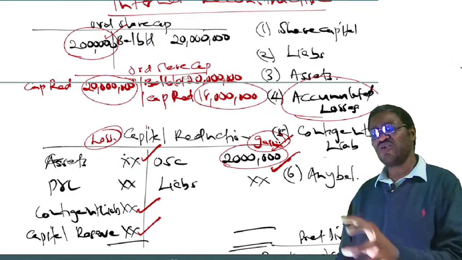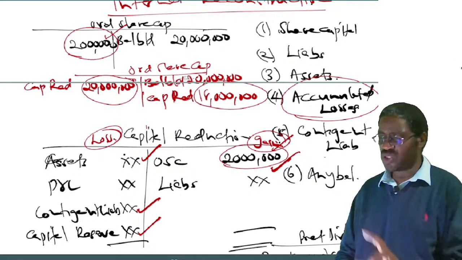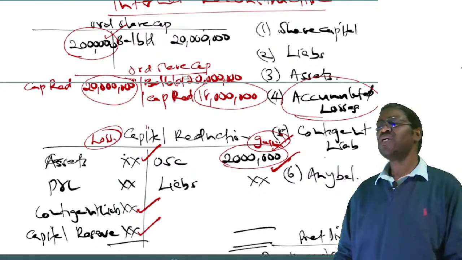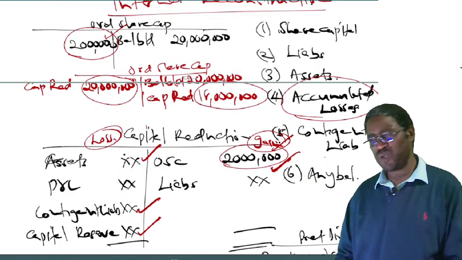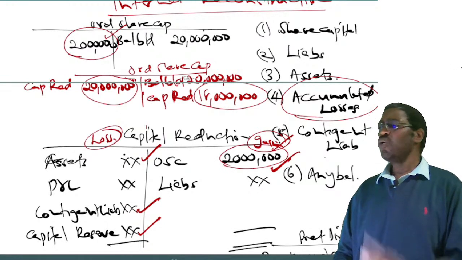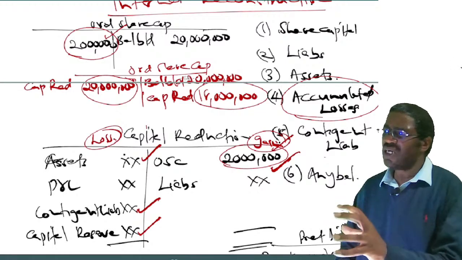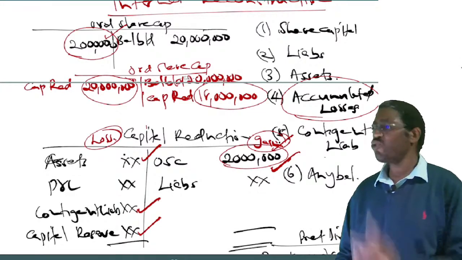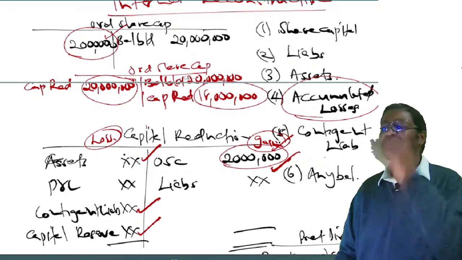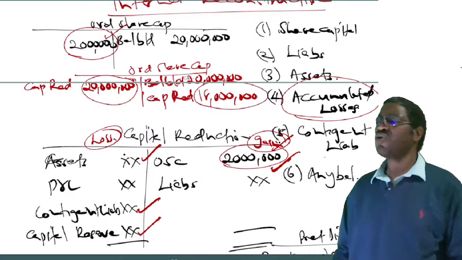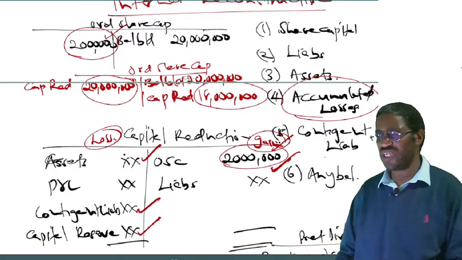I have taken you through that because of this. There are some questions in your past papers which give you many other items in the scheme for you to implement. But some of them are not among these 6 official entries that I've given you.